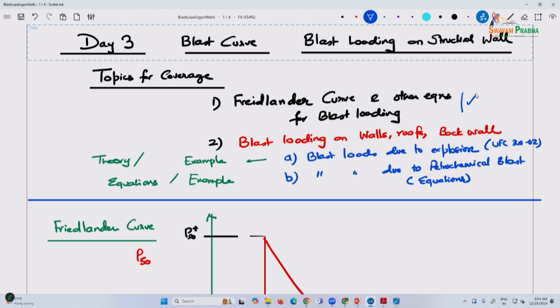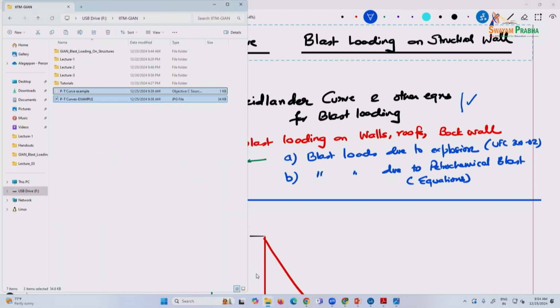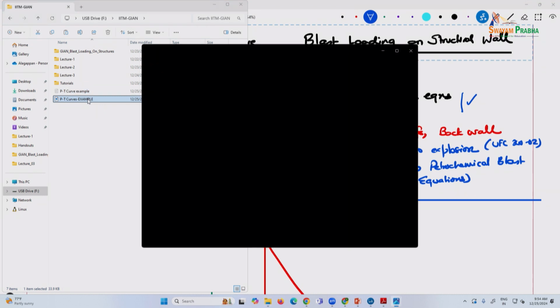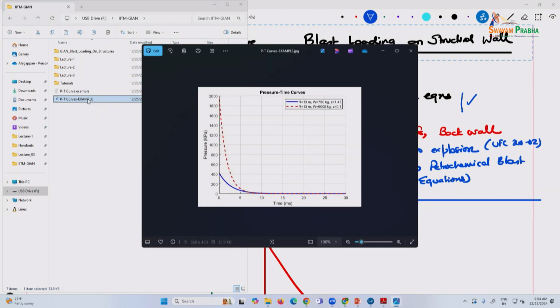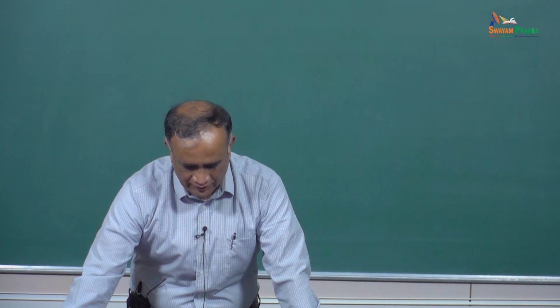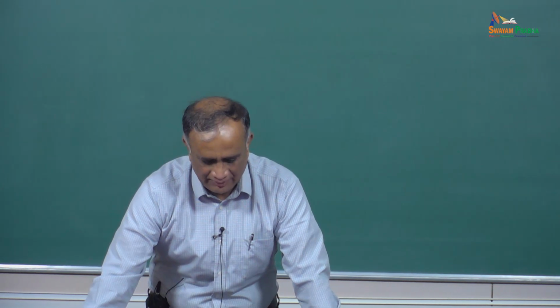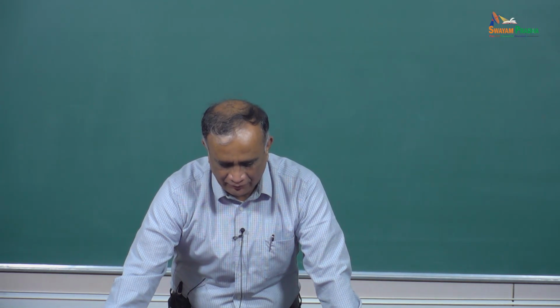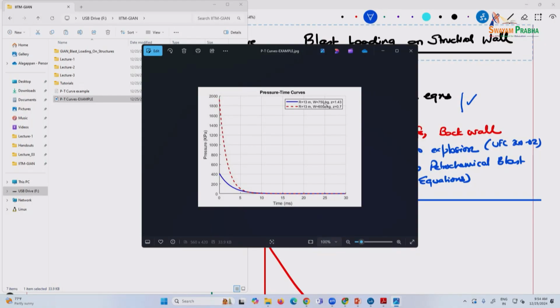I think you had something else, right? Let me see, there was one more. Yeah, there's one more curve. Which equation did you use here? The same example that you just showed. Oh, the same example that I had. Okay. So, this was developed for R is 13, but different W values.